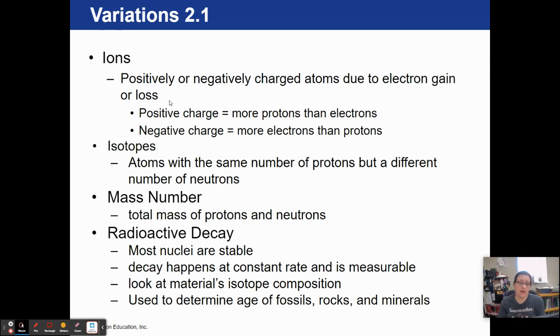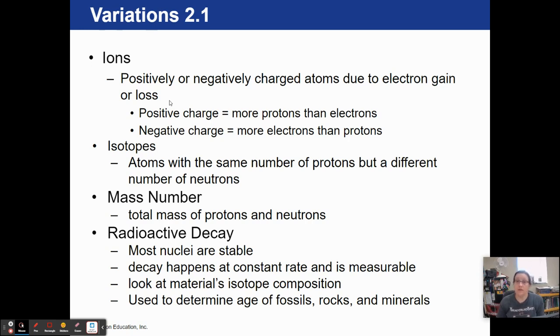Isotopes are atoms with the same number of protons but a different number of neutrons. So it's also possible for them not to have an equal amount of protons, neutrons, and electrons. You're an ion if you have a different number of electrons than your protons. You're an isotope if you have a different number of neutrons compared to your protons.